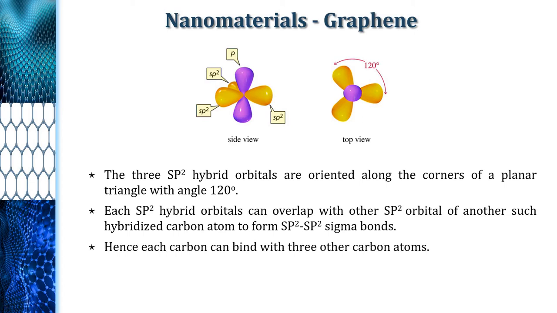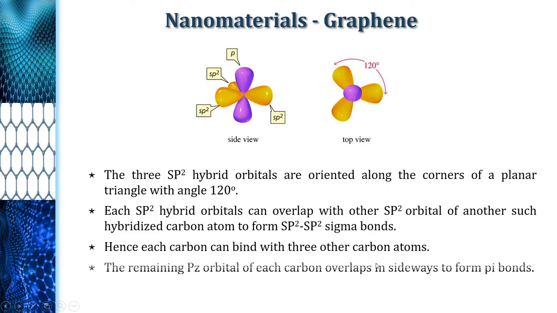Hence, each carbon can bind with 3 other carbon atoms. That means one bond is formed with this sp2 orbital, another bond with this sp2 orbital, and the third bond with this sp2 orbital. So the carbon can form 3 bonds with 3 other carbon atoms.